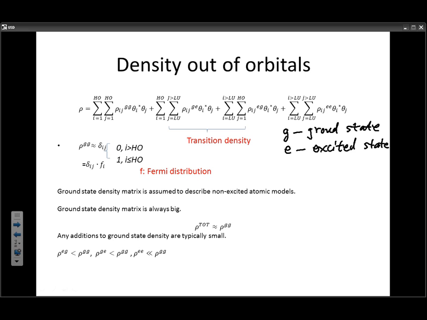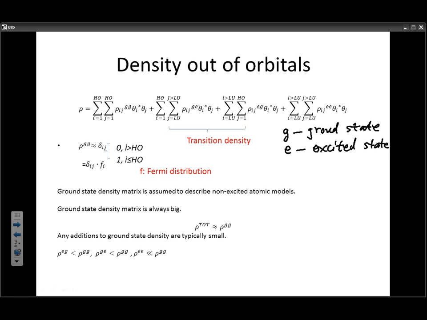The ground state density is equal to a delta function times the Fermi distribution, and is approximately equal to a delta function.